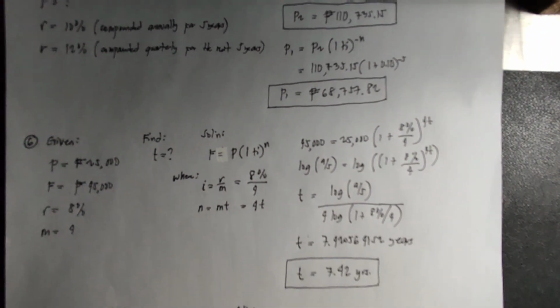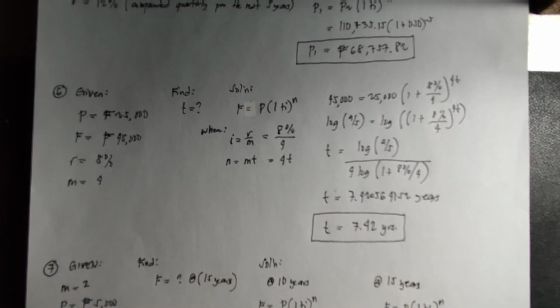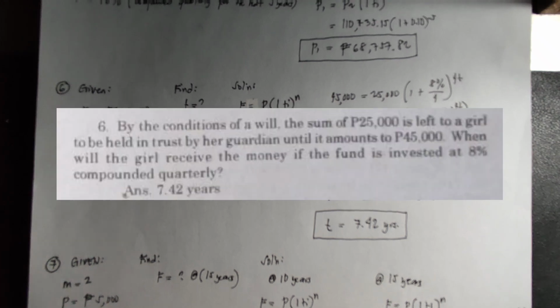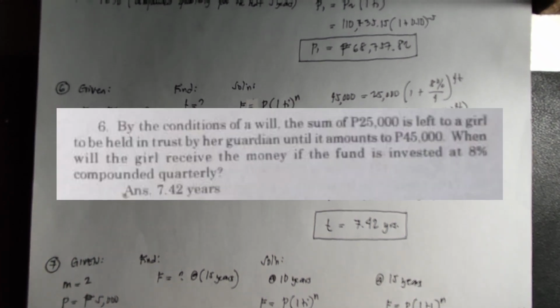Then we'll go now to number 6. So number 6. By the condition of a will, the sum of 25,000 pesos is left to a girl to be held in trust by her guardian until it amounts to 45,000 pesos.